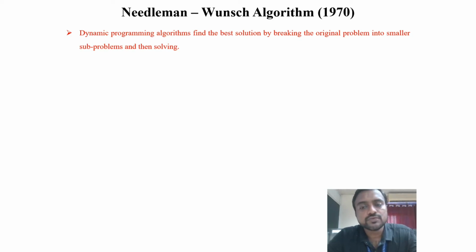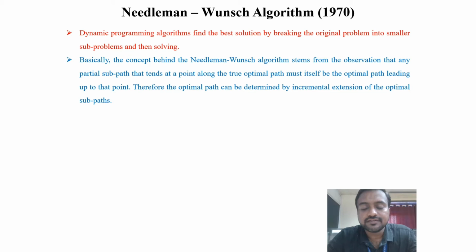This one came into existence somewhere in the year 1970. The method works in such a way that the entire sequence is broken down into smaller fragments, and these smaller fragments are compared with each other, and what you get is the regions of similarity between the two sequences.